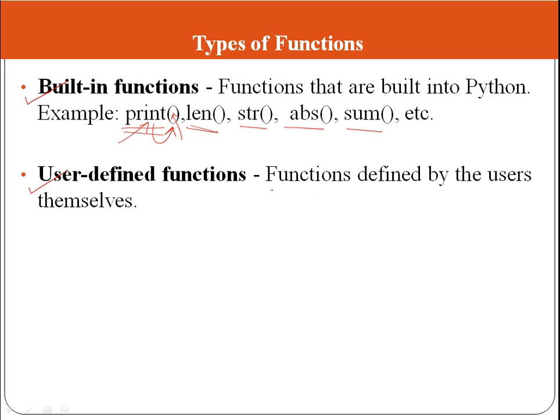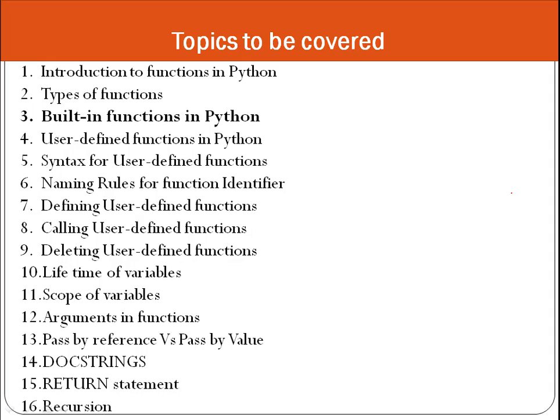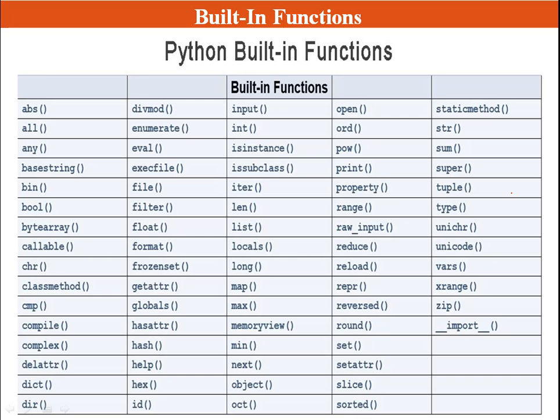Then let's discuss built-in functions. We have already seen a number of built-in functions, but here we will be looking in more detail at some of them. You can see the list of built-in functions we have listed over here, in which I will just let you know about some that you have already seen. So absolute you have all seen.